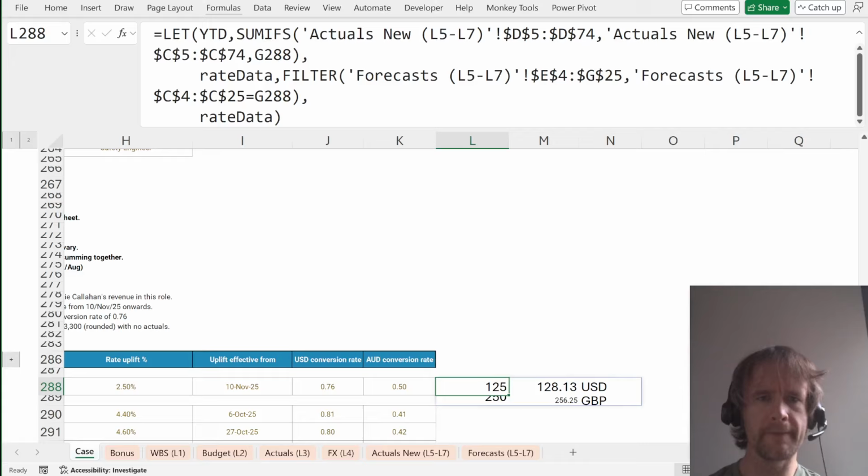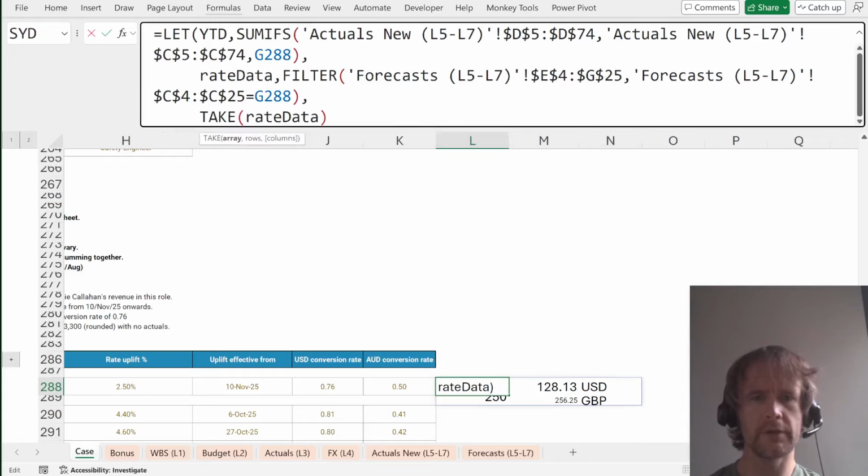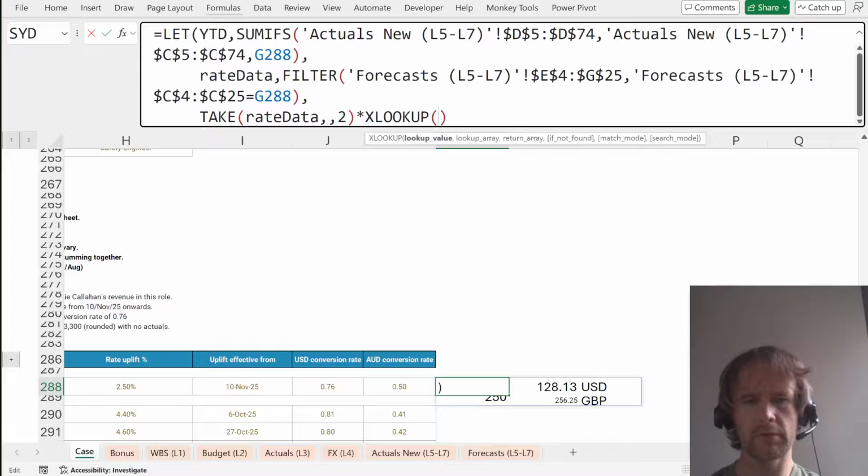Okay, then I want take rate data, first two columns, times XLOOKUP, rate data, last column.